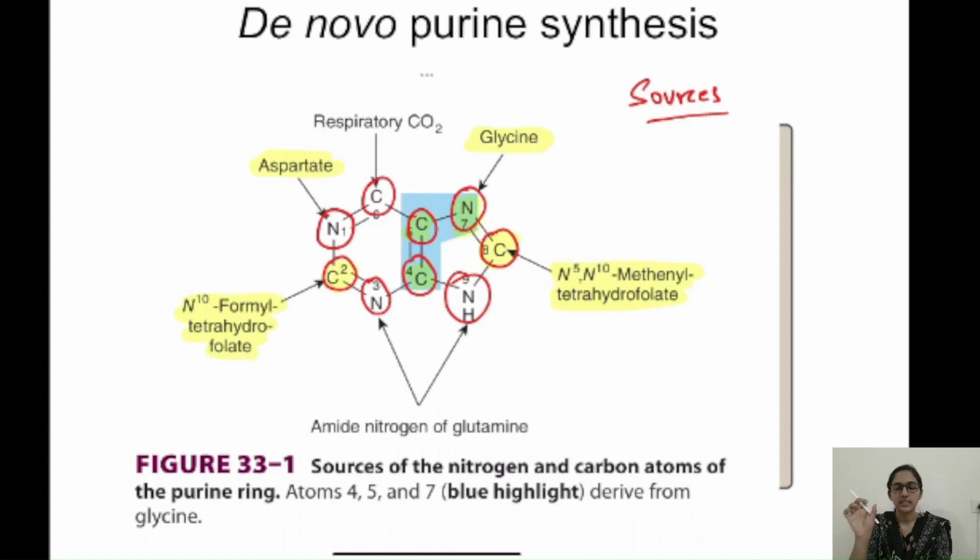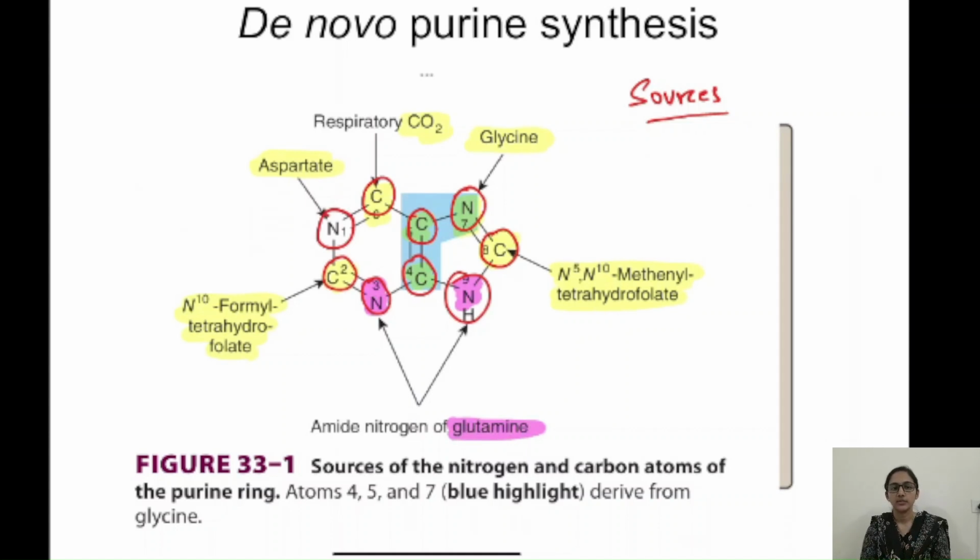Bicarbonate, or the respiratory carbon dioxide, is a source of C6. And last, N3 and N9, the source of which is going to be glutamine.